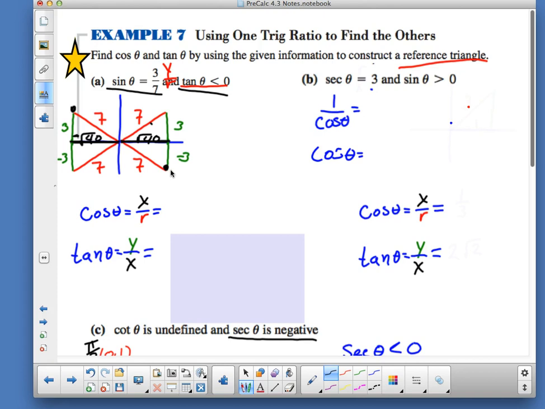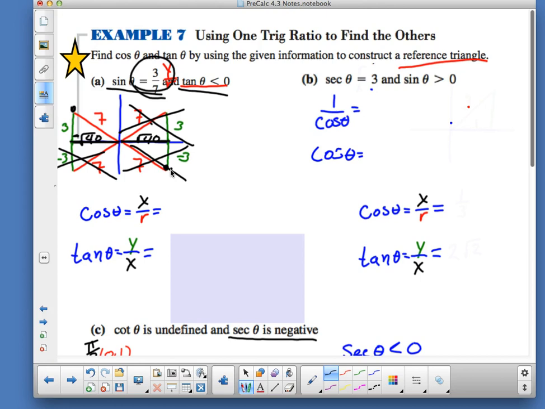I further know that I had a positive sine value. Well, sine's negative over here, so I'm not going to worry about this one. I'm not worrying about this one. I'm not worrying about this one. That's the triangle I'm going to use, because that's the area they want me to find my theta. Okay, does it make sense? How I narrowed it down. Any follow-up questions about it?